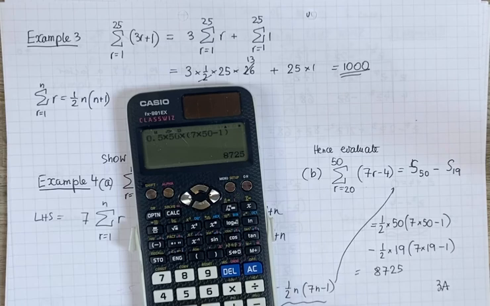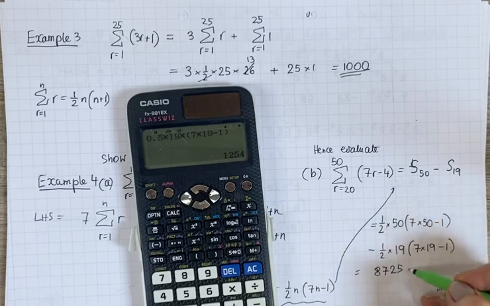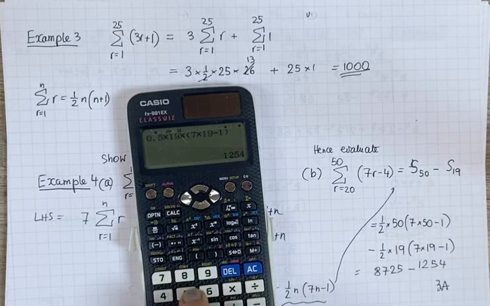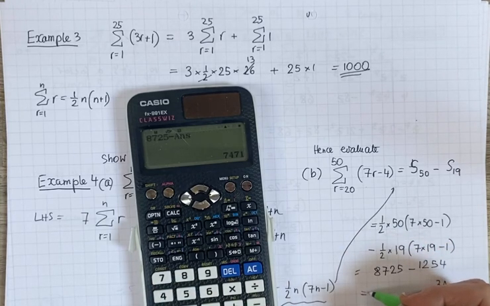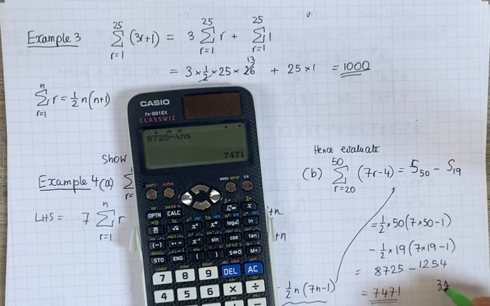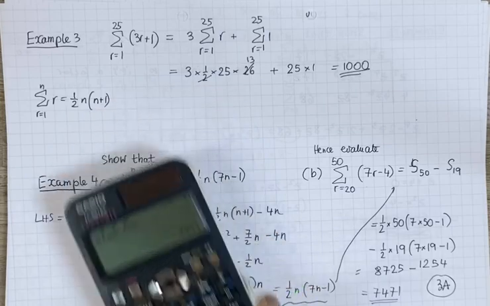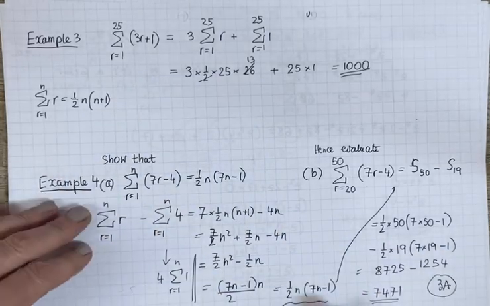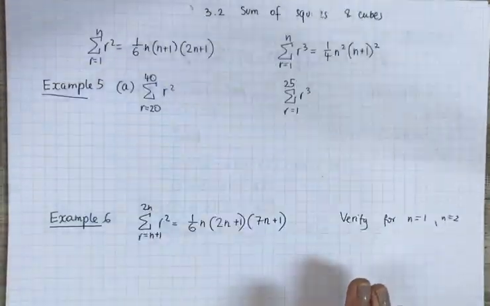So the second one is going to be 0.5 times 19 times 7 times 19 minus 1. So it's 8725, subtract the last answer. That gives me 7471. Okay, so you can move on to exercise 3A and practice questions in there.